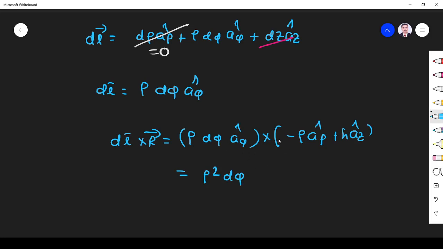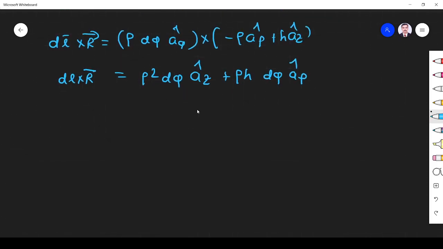So minus, already we have one minus, so it is plus AZ, right? And what is A phi into AZ? A phi into AZ means it will be A rho. So it will give rho h d phi A rho. This is what the DL cross R vector is, right?